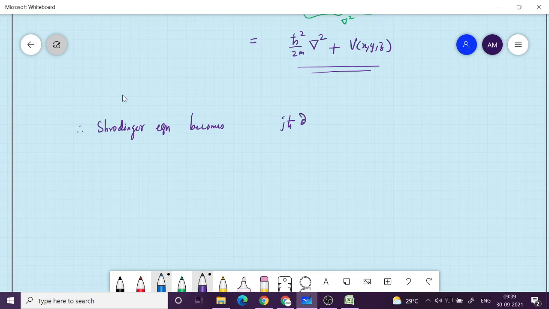It is just i h cut dou by dou t of psi of x comma t, or x y z comma t if it is 3 dimension, or you can write it as just vector r comma t, is equal to, then for H you can substitute, so there is a minus here, minus h cut square by 2m del square psi of r comma t plus V of r into psi of r comma t.